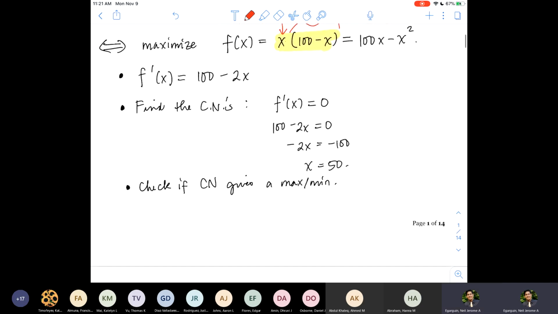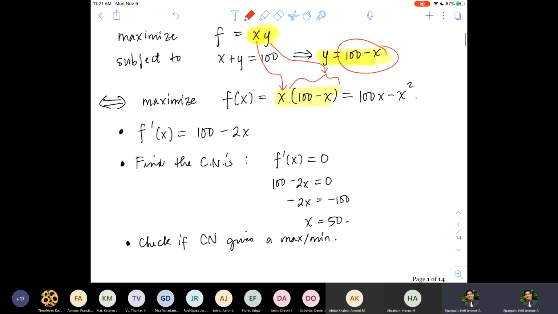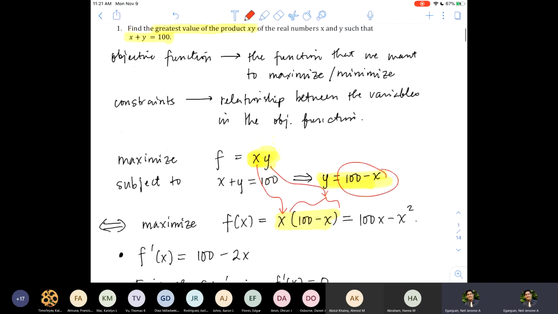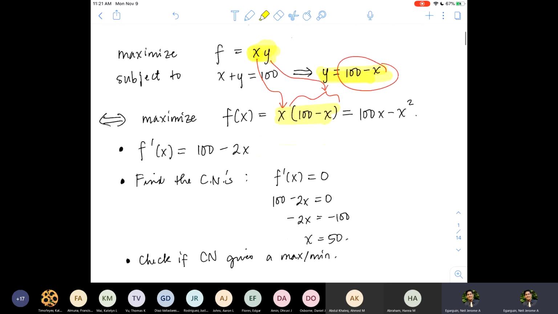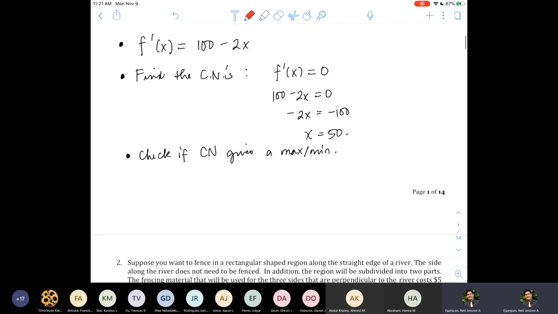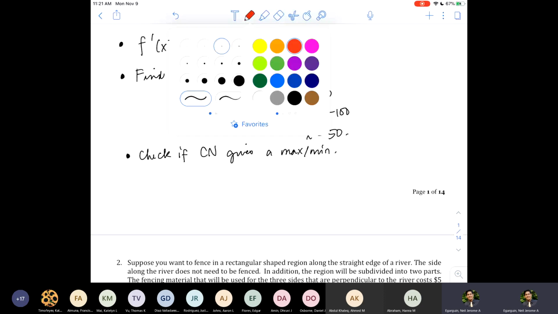Okay, good. So now, how do we check if it's a maximum or a minimum? Well, you have two options, right? Because the problem here is what would be the domain of f, or what are the possible x and y's? Well, the possible x and y's are any real number, so that's an unbounded interval. So we cannot use the extreme value theorem. So we have two options here.